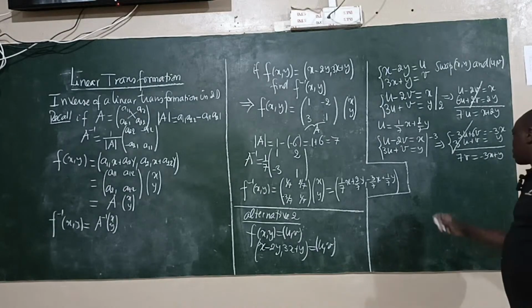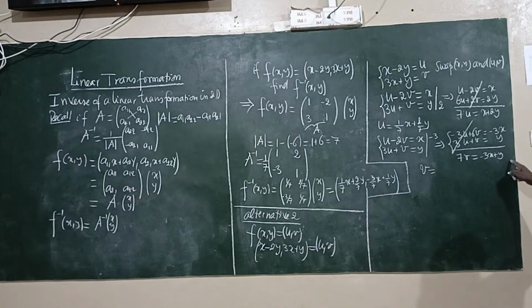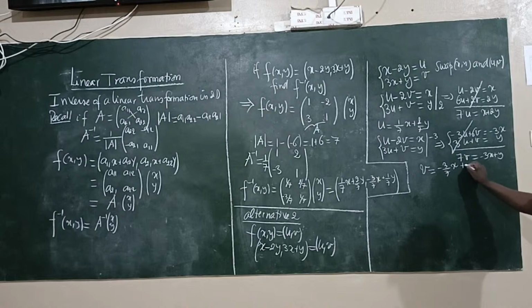That is clear that v is going to be, we divide by 7, minus 3 over 7x plus 1 over 7y.